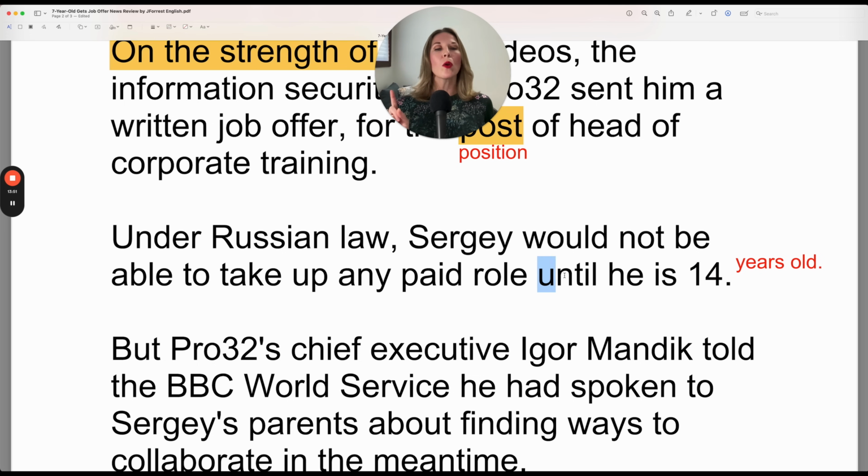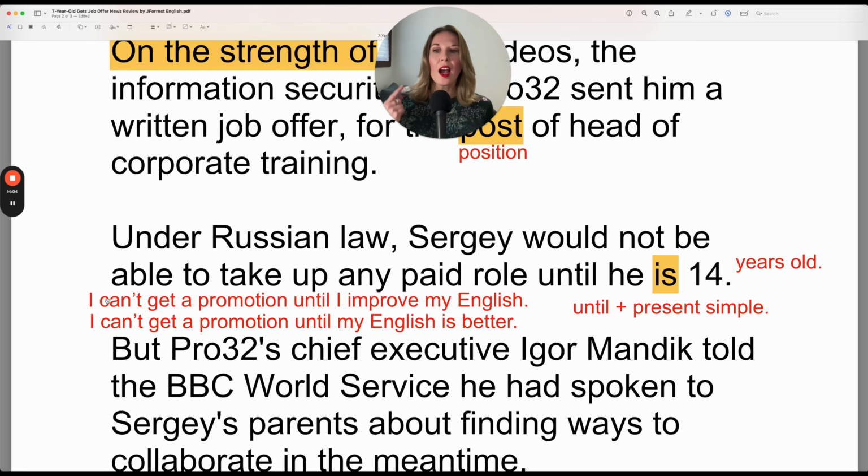Now notice here we have until. Now this is in the future, but notice we use the present simple. And I see a lot of mistakes with this, so let's just quickly review this. You could say, I can't get a promotion until I improve. So the present simple for your verb improve, even though that is a future action, we use it in the present simple after until.